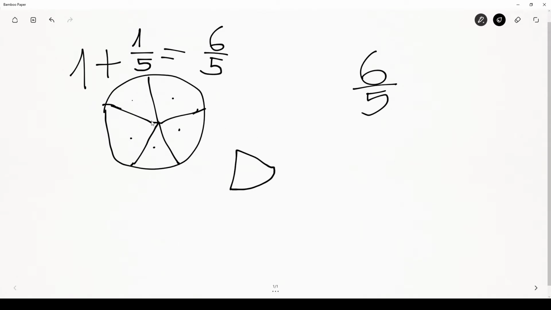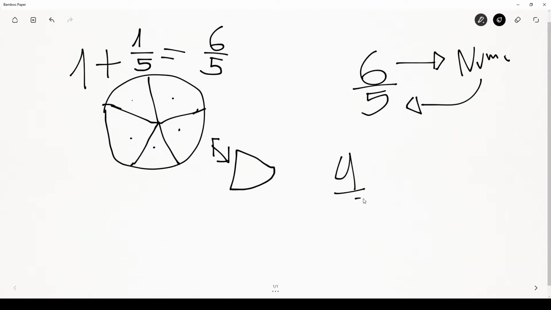So we have more cake. The main thing here is that whenever the numerator is bigger than the denominator, it means we have more than a whole. If I say I have 4/3 of an apple, it means I have more than an apple. Okay?